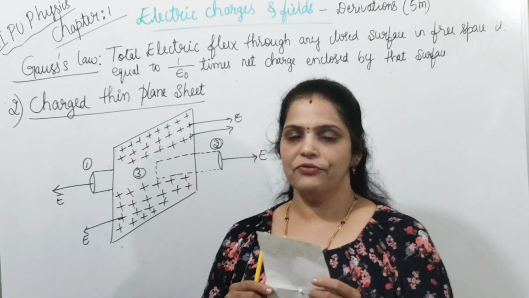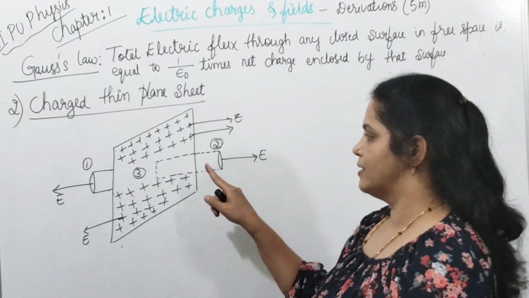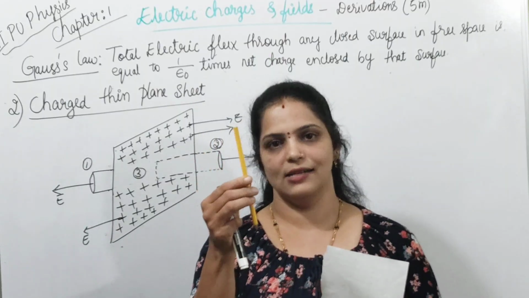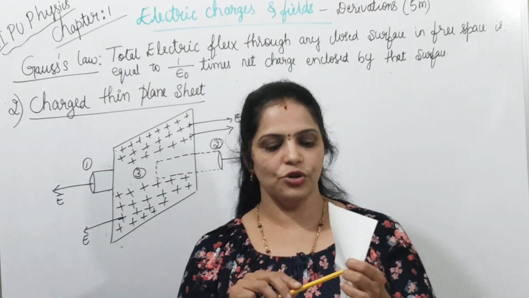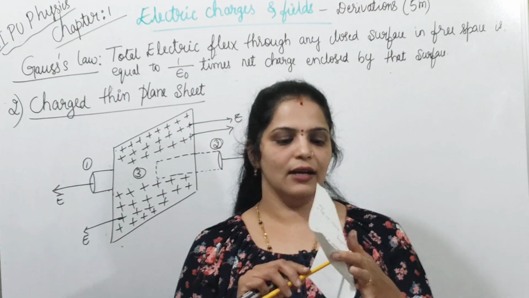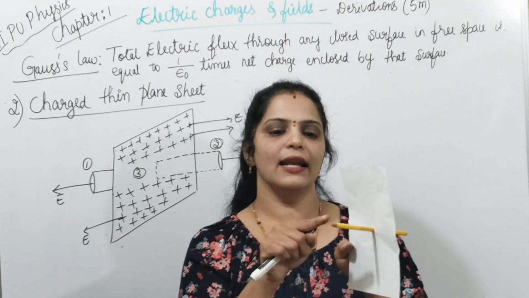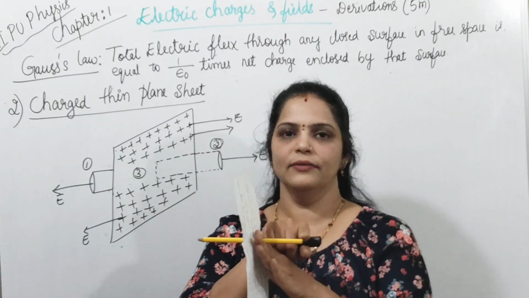Now to find the electric field at any point, we need to imagine one Gaussian cylinder. For example, consider a pencil like this. You need to insert a Gaussian cylinder like this, to find the electric field here or here.